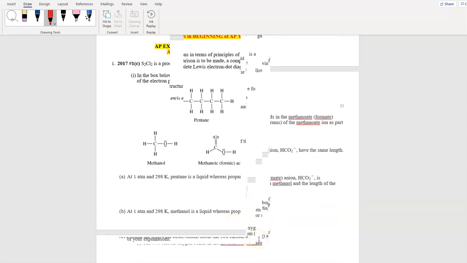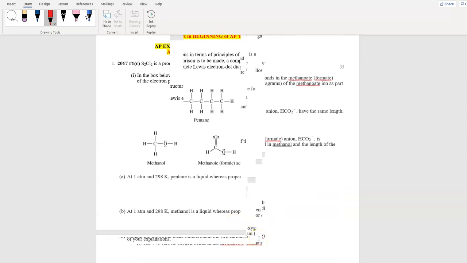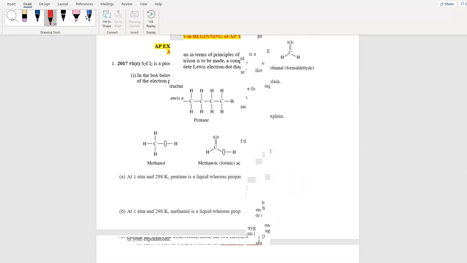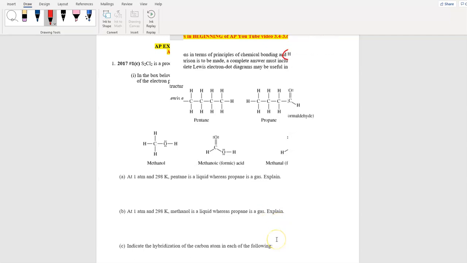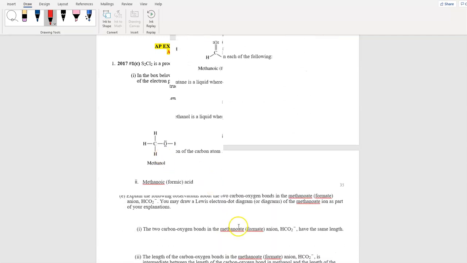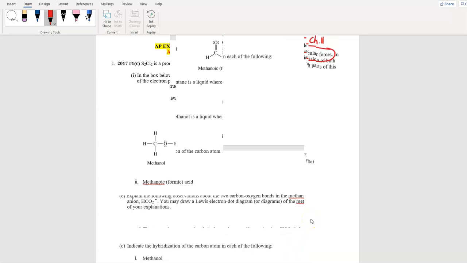I know, ladies and gentlemen, you're going to hear stuff about dipole-dipole, hydrogen bonding, and London dispersion forces. I kept this one in here because some of the questions have to do with hybridization. So these questions right here, A and B, have to do with chapter 11, okay? So don't freak out. I always want you to have examples of past AP questions in your notes, okay?